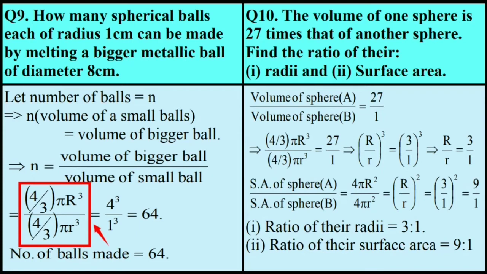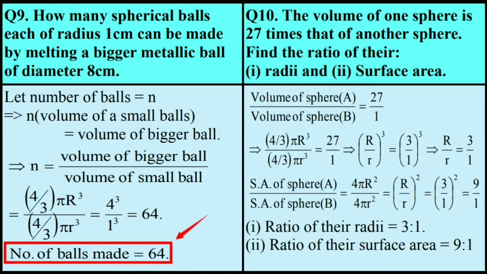Value of small r is 1 centimeter. Hence, the result obtained of this expression is capital R cube by small r cube, and that is 4 cube by 1 cube, and the answer is 64. Hence, the number of small balls generated is 64.